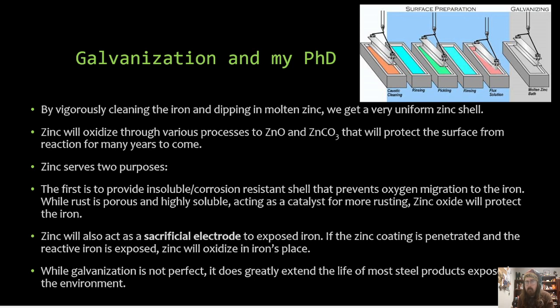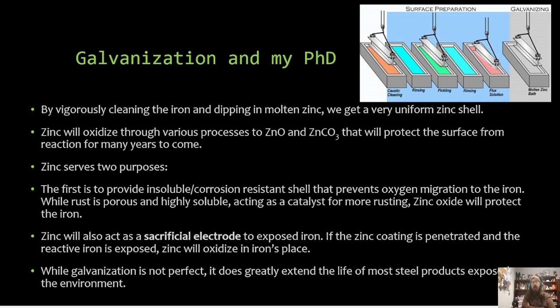We burn off any rust, we rinse it off, we do pickling and fluxing to make sure that as we're hot dipping this in there, it's not oxidizing. And then as you dip it in the molten zinc, the zinc forms a thin layer all around the steel. Basically a candy-coated shell.